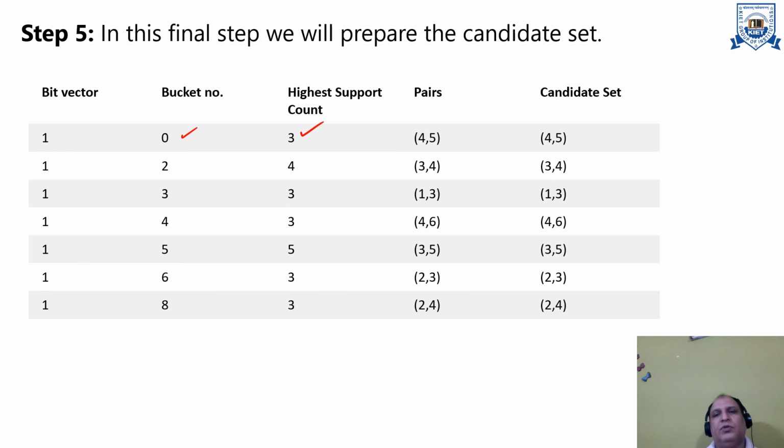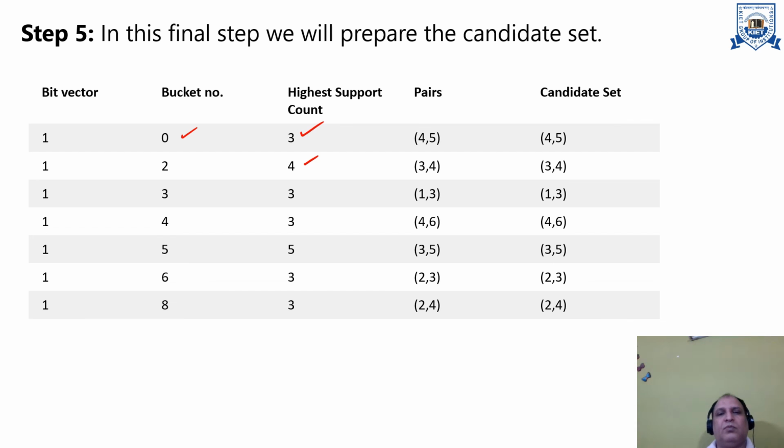Similarly 3 4 is occurring 4 times in the transactions table, so this is 4. In this way we are finding the highest support count also. Now this table is showing the bucket number, the highest support and the pair. Which pair is occurring frequently can be seen from this table.